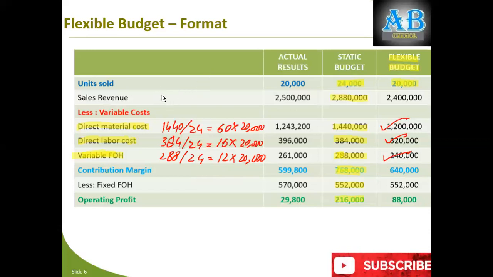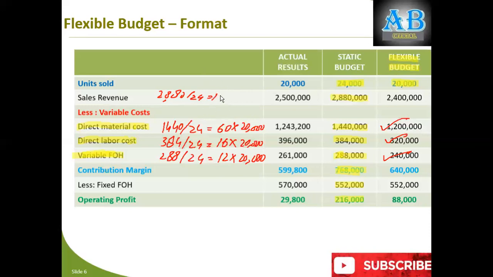Again, we will do the same working. 288,000 divided by 24 equals 120.